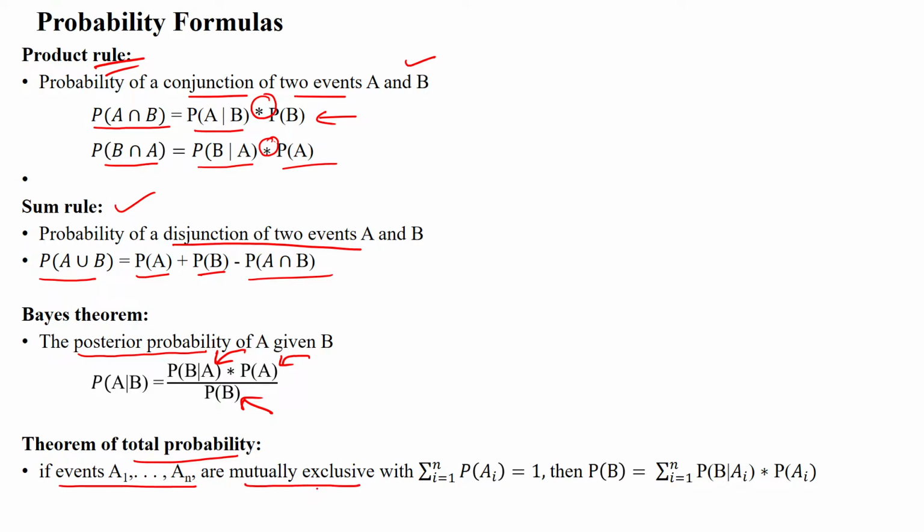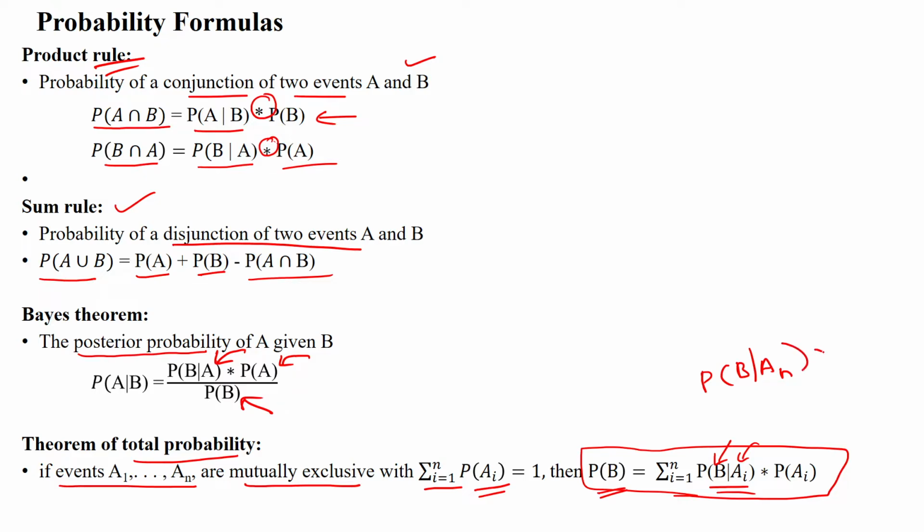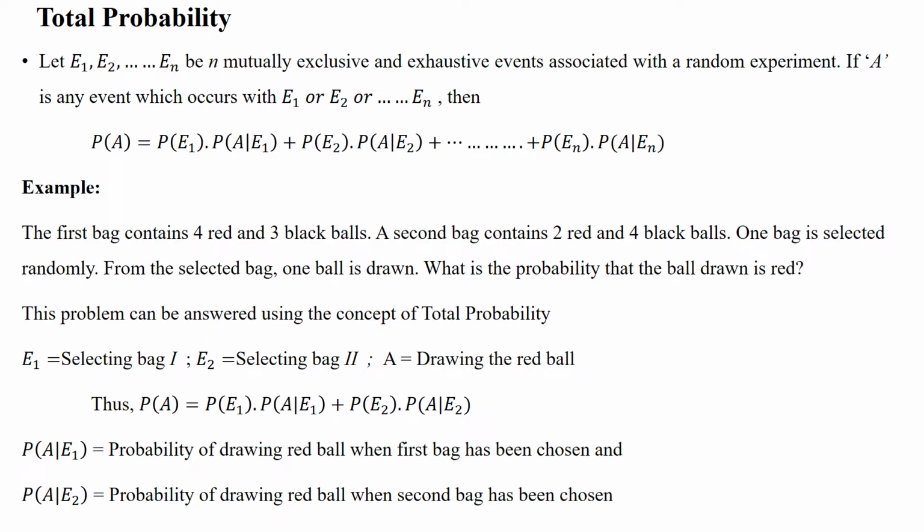Then the summation of i equal to 1 to n of probability of Ai equals 1, the sum of the probabilities of all the events is 1. Then probability of B is calculated as the sum from i equal to 1 to n of probability of B given Ai multiplied with probability of Ai, until all the elements, up to probability of B given An multiplied with probability of An.